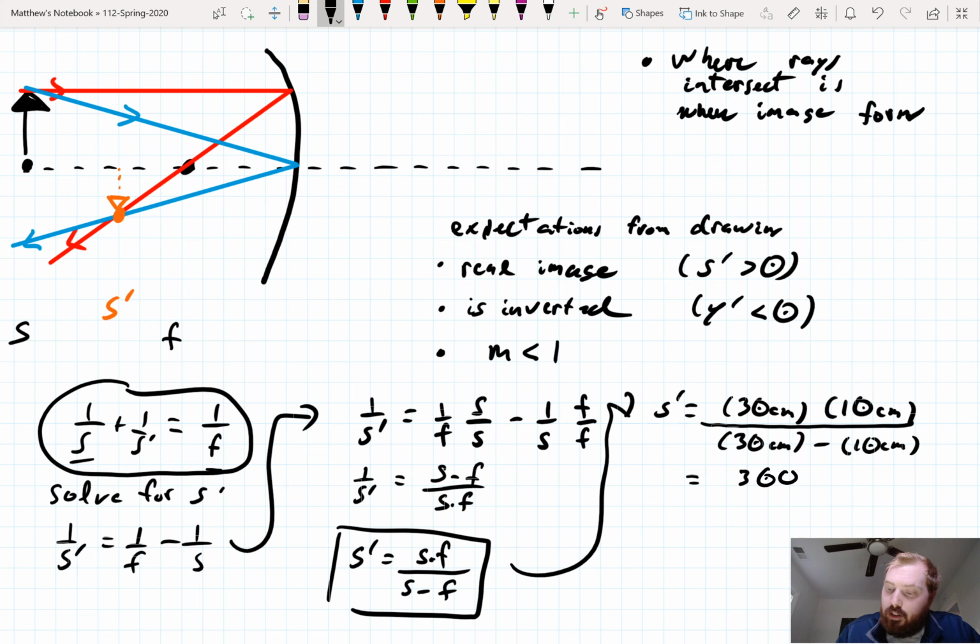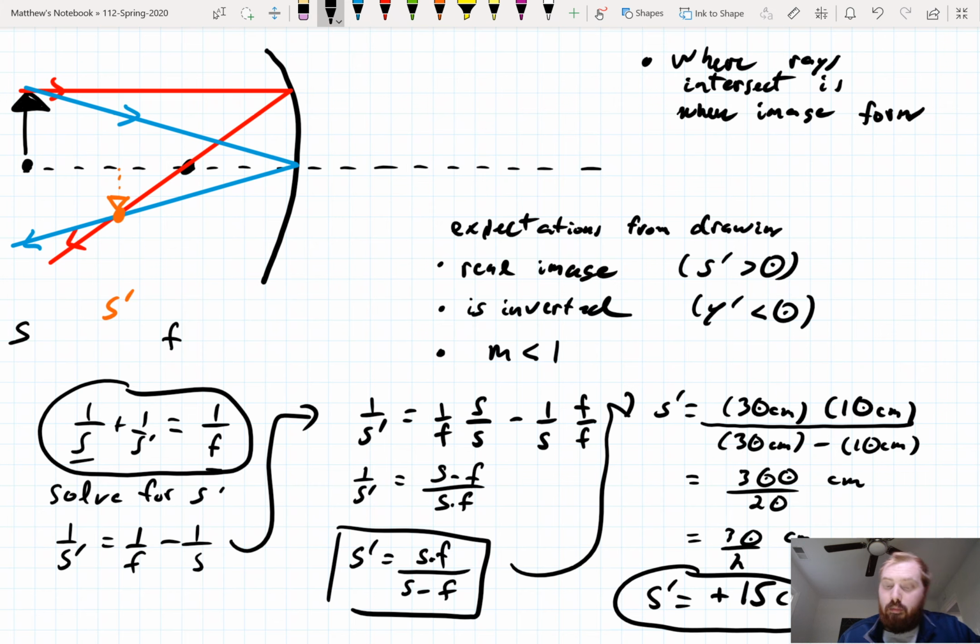Or that's to say 300 divided by 20 centimeters, or 30 divided by 2. So S prime is equal to a positive 15 centimeters. Bam. And look, that confirms what we said. We said that the image distance must be positive because it's a real image, and our math agrees, say it with me, with our drawing.